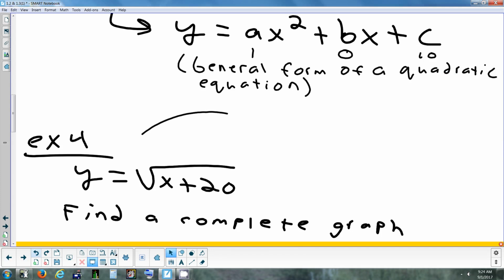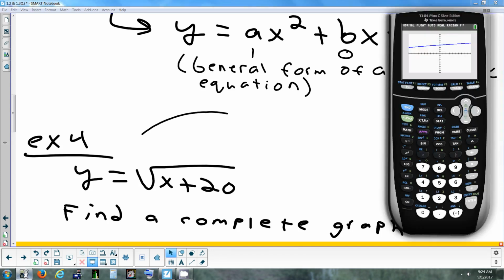So a square root function should always have a starting point. And that starting point, if you don't shift it up or down, is always on the x-axis. So given those hints, which value do you think I need to adjust here? Yeah? Well, if we adjust x max, we're just going to see further to the right.